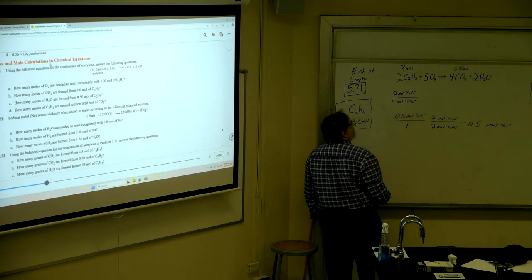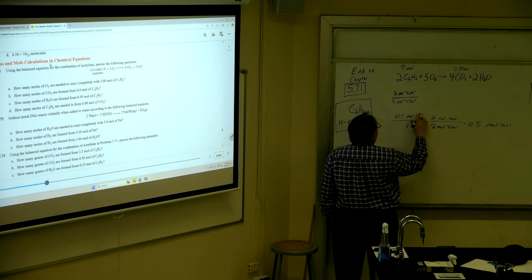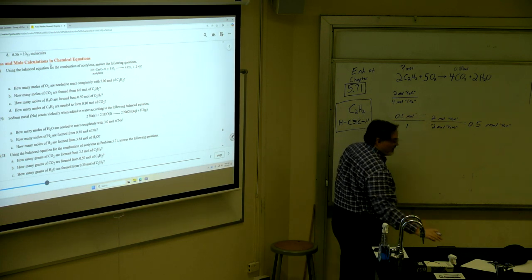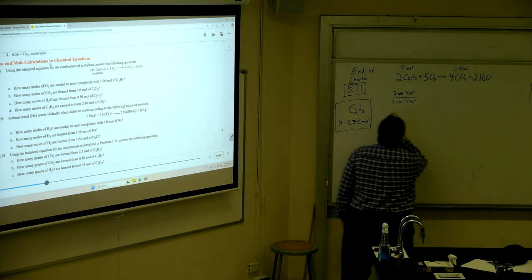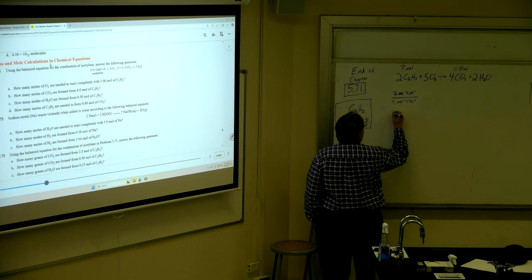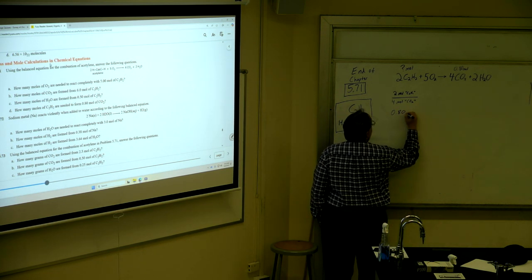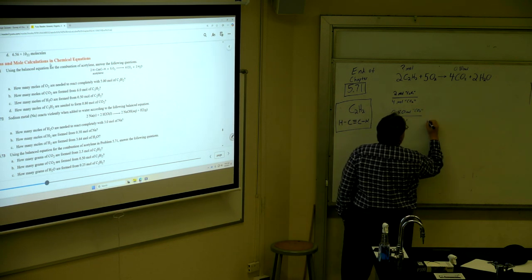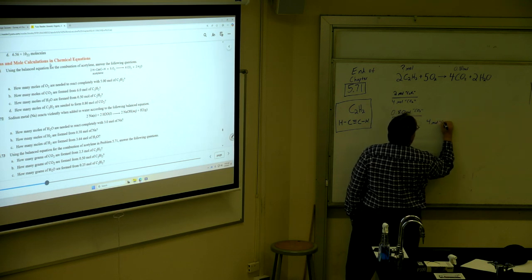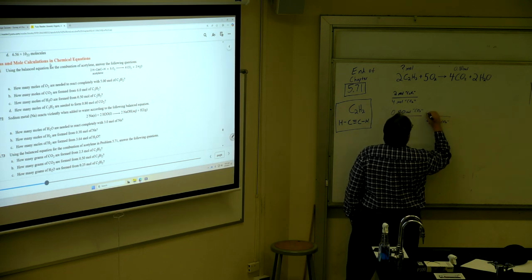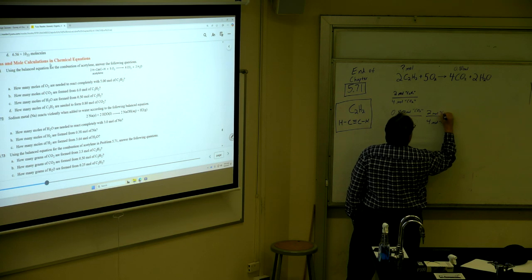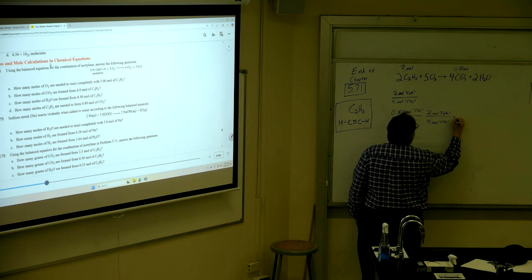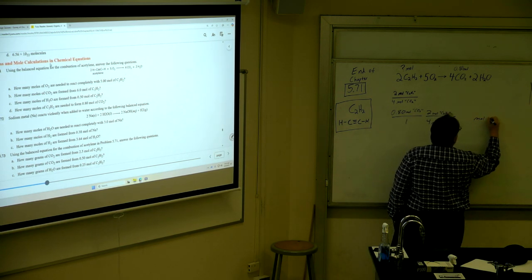That's the relationship we need. We have 0.80 moles of CO2. I want CO2 on the bottom, so I'm going to say 4 moles. 2 moles. And that leaves us with the units of moles C2H2.